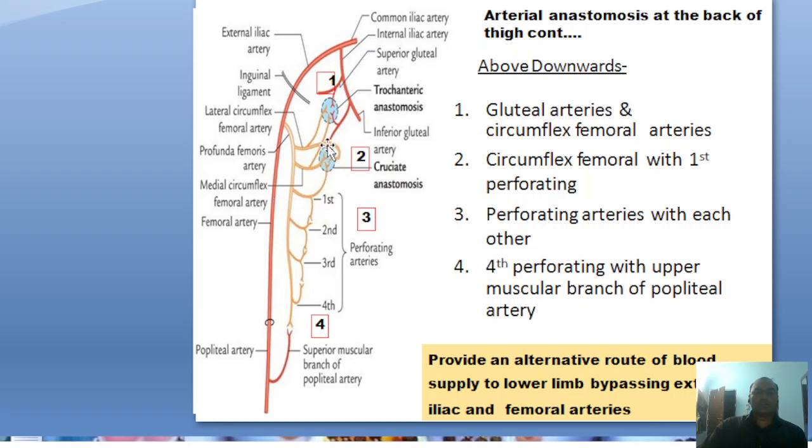The third anastomosis is between all the perforating arteries: first, second, third, fourth. The last anastomosis is between the fourth perforating artery and the superior muscular branch of the popliteal artery. So these are the four anastomoses around the back of the thigh.